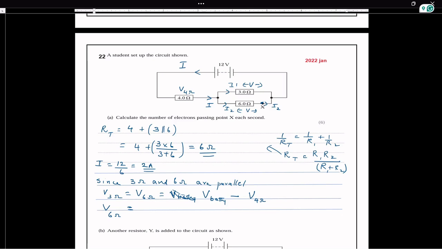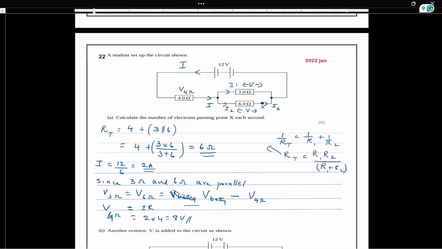So let us calculate what is the voltage drop across the 4 ohm resistor first of all. The current flowing through it, that is I times R, which is 2 times 4, which is 8 volt. This is the drop across 4 ohm.